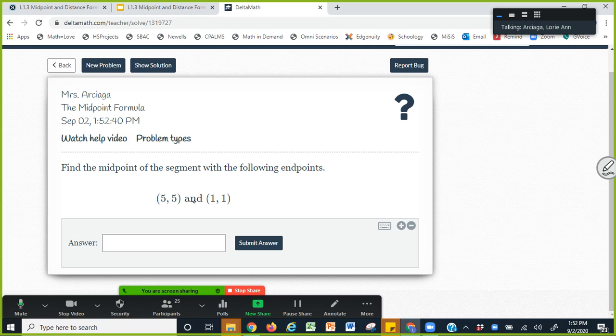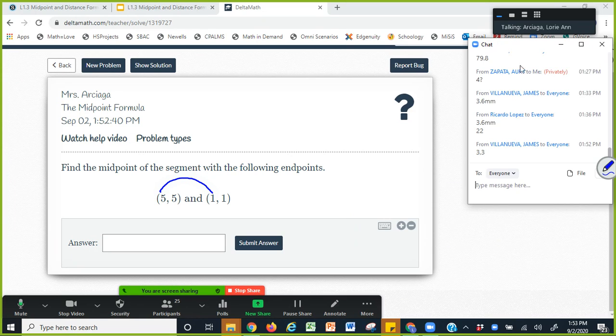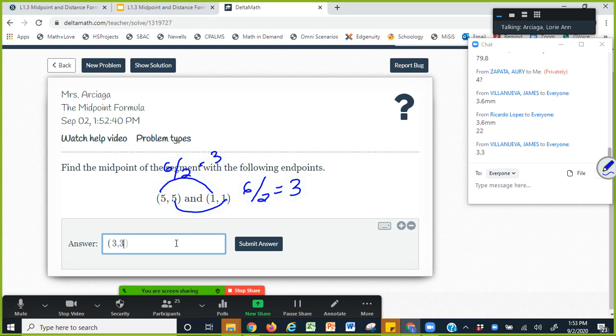You add them up, right? You add these two together, and I think somebody had the answer in the chat. James said 3, 3, so you add them up, 6, and then you divide that by 2, which is 3. And then now you add these up, same thing, 6, and then you divide by 2, which is 3. So your correct answer will be 3. Okay, and then submit it.